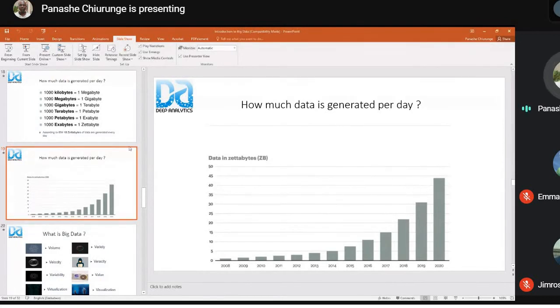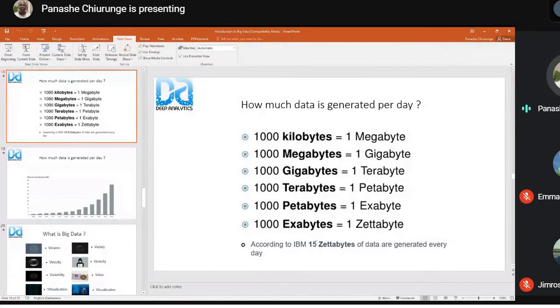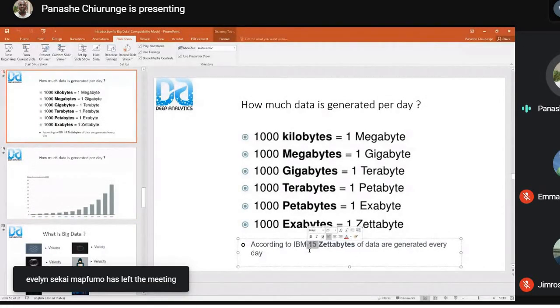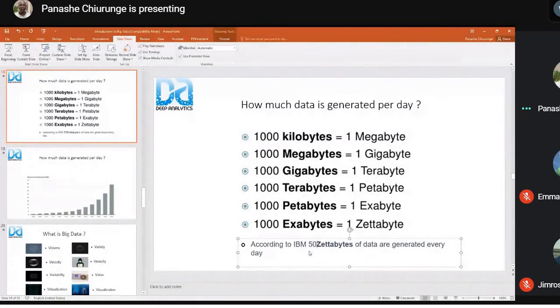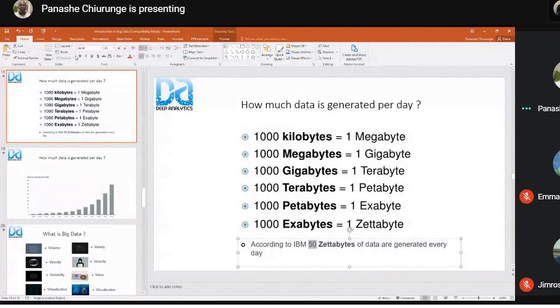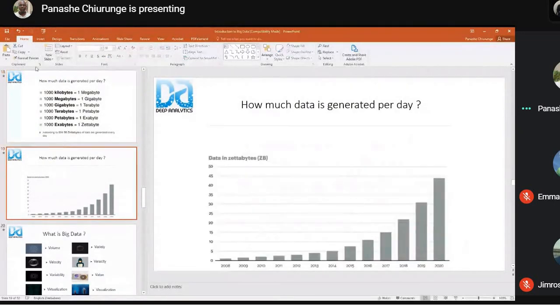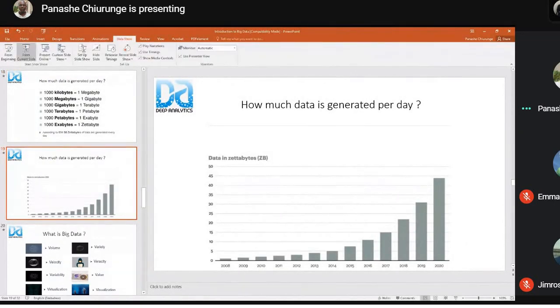I actually need to change this. It is actually 50 zettabytes. All right, so we generate 50 zettabytes of data every single day.